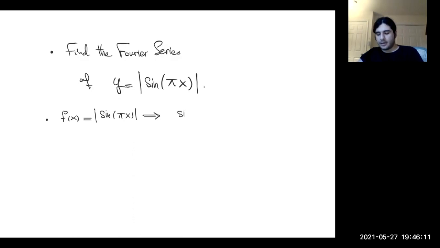So we would have sine of pi x. The period would be 2 pi over pi, which is 2. But if you remember, I told you when we have the absolute value, we should actually divide the period by 2. So the period of this function f is actually 1.